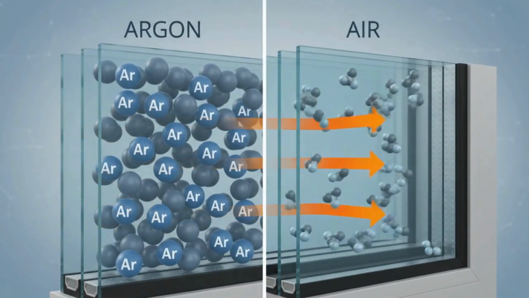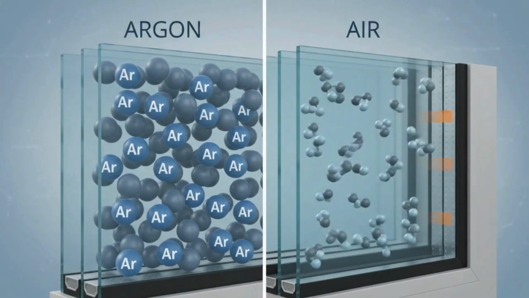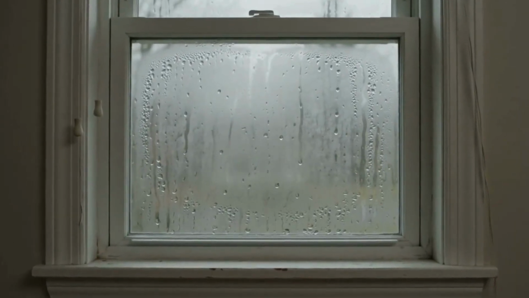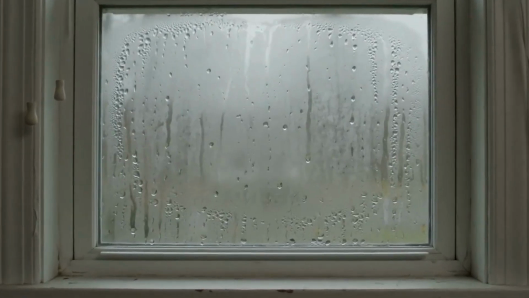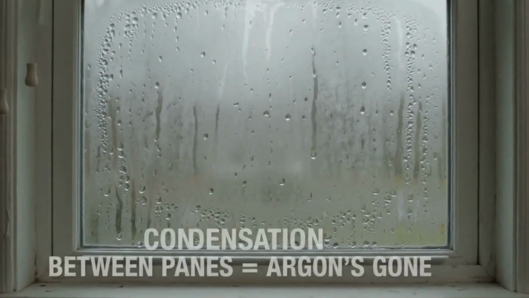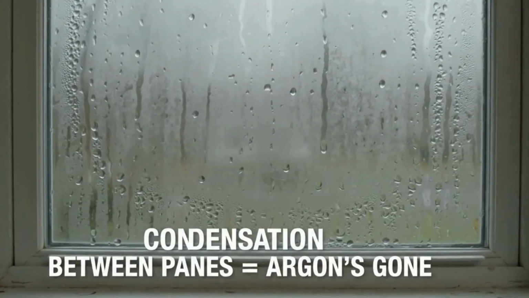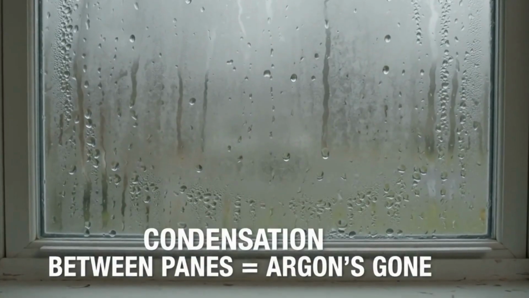So if you have a double glazed window that has condensation on the inside, typically that would mean that one, it's filled with air, or it may have had argon in it at one time, but all that argon has leaked out, and now you just have air in there, which obviously means that the window is not as efficient because it's got an air gap in there. So it's not going to be as good of an insulator as you want for the double glazed window. So condensation between the panes means your argon's gone.